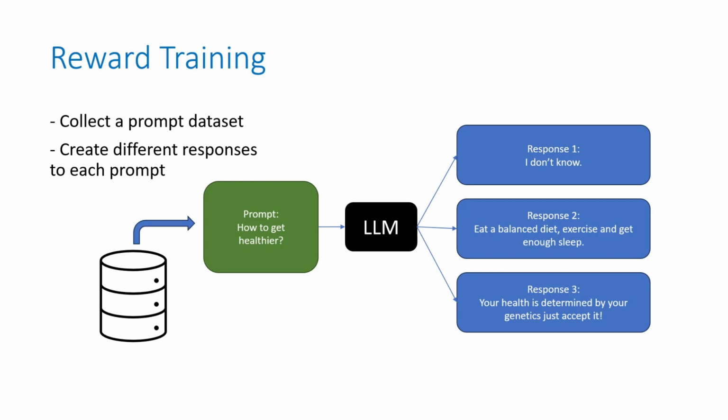Let's quickly review how the reward model is trained. Firstly, you collect a dataset of prompts related to the problem interesting to you. Secondly, you create responses to the prompts using the LLM. This is usually done with a higher temperature so that you have responses that are diverse.